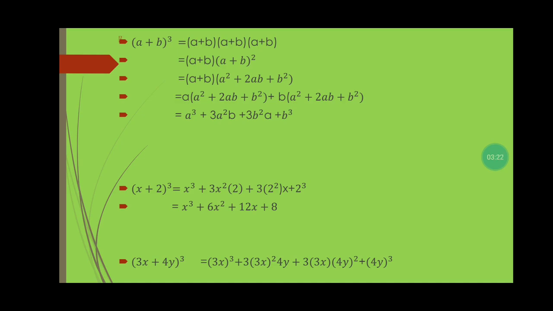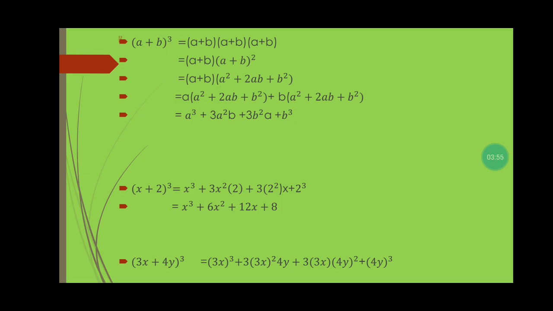Next problem is (3x + 4y) whole cube. That is equal to first term cube, that is (3x) cube, plus 3 times first term square into second term, that is 3 times (3x) square into 4y, plus 3 times first term into second term square. Okay, so it will be 3 into 3x into (4y) square plus (4y) whole cube. When I solve this, what do I get?